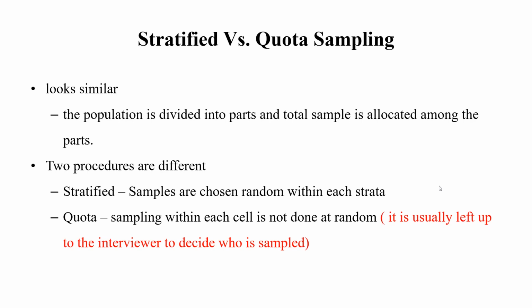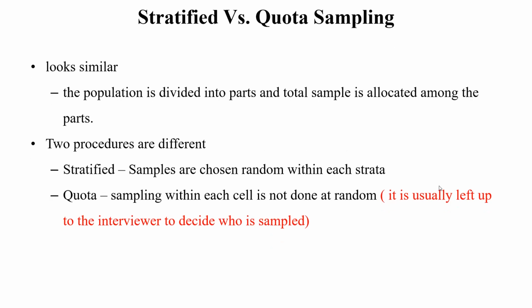Of course, the two procedures are different, because in stratified random sampling, the samples are chosen based on random selection within each stratum. However, in quota sampling, the selection is not random. It is purely left to the interviewer to decide who is her or his sample.